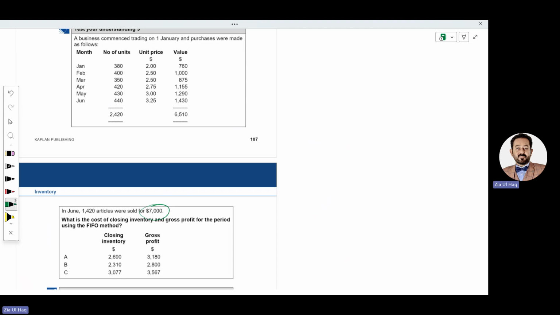How much have you sold? 1420. So this means out of 1420, these 380 gone first, and then 400 gone, and then 350 completely gone. How much altogether? 750 plus 380.